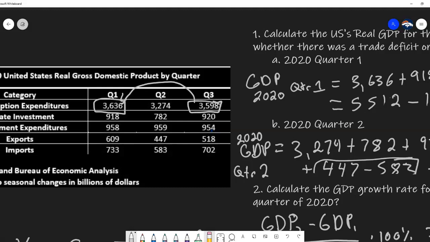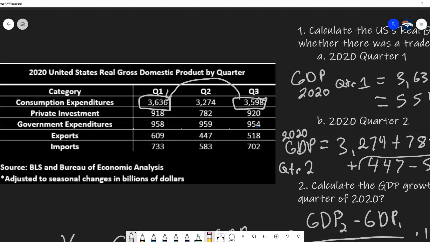Well, this was just a short, quick analysis of GDP, how to calculate it out, how to utilize it, determine various things. If we were to go in deeper, we could actually see that the consumption expenditures, the big category, within that subcategory, I guess you could say durable goods is the one that people really didn't spend as much on during the pandemic.